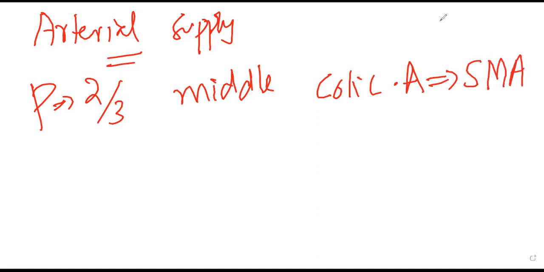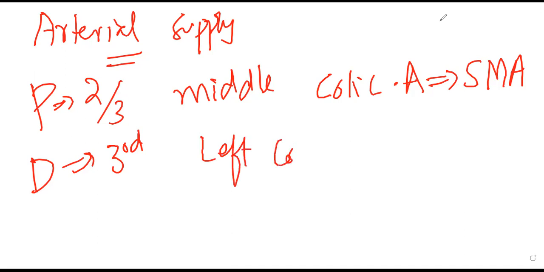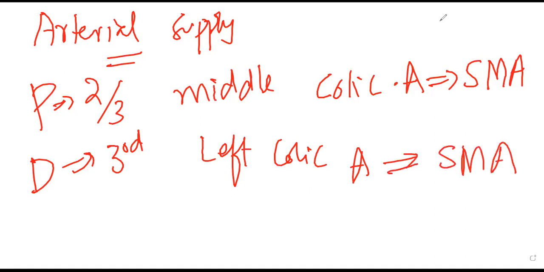And the distal third of the transverse colon is supplied by the left colic artery. And it's also a branch of the superior mesenteric artery.